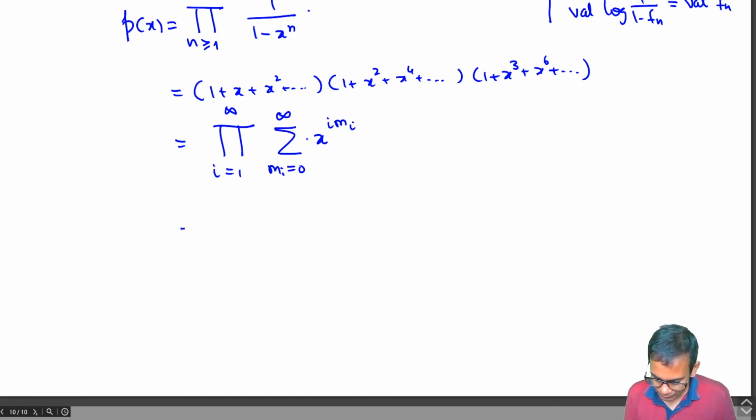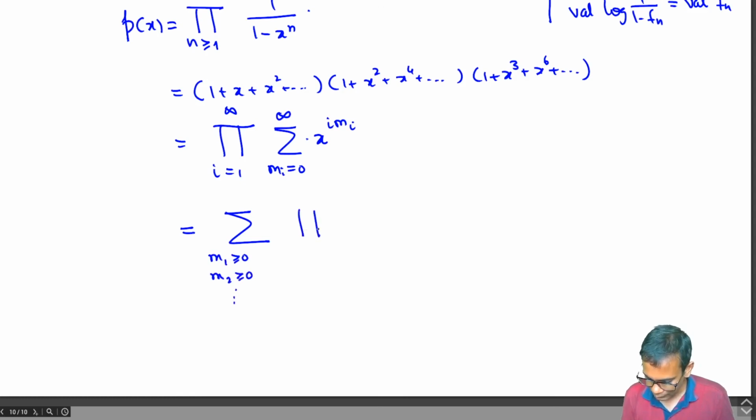But using distributivity, you can show that this is the same as summation m1 greater than or equal to 0, m2 greater than or equal to 0, and so on. Product i goes from 1 to infinity x to the power i mi.